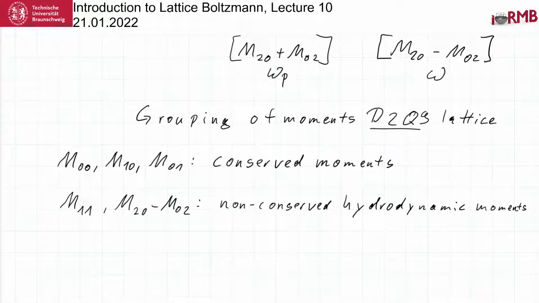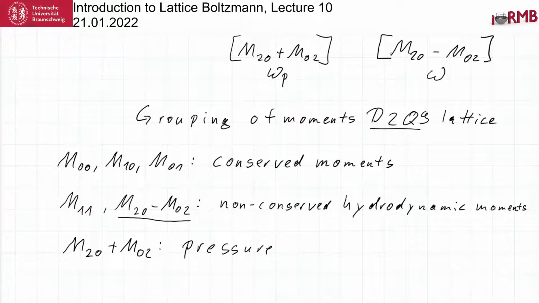We have now taken out not the moment M20, but the moment M20 minus M02. And this means we have another group of moments which contains only one, namely M20 plus M02. And this actually can be identified with the pressure.